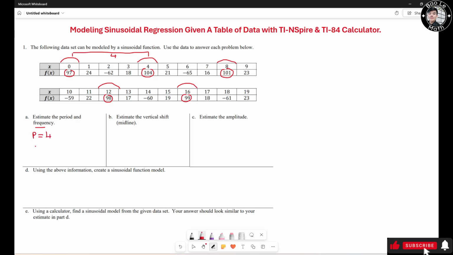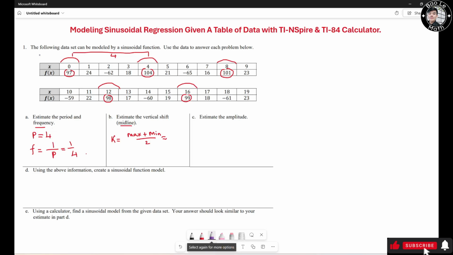Now the frequency equals 1 divided by the period, which is 1/4. Now the vertical shift, which is the midline: the midline k equals maximum plus minimum divided by 2. Now we need to find the minimum values.